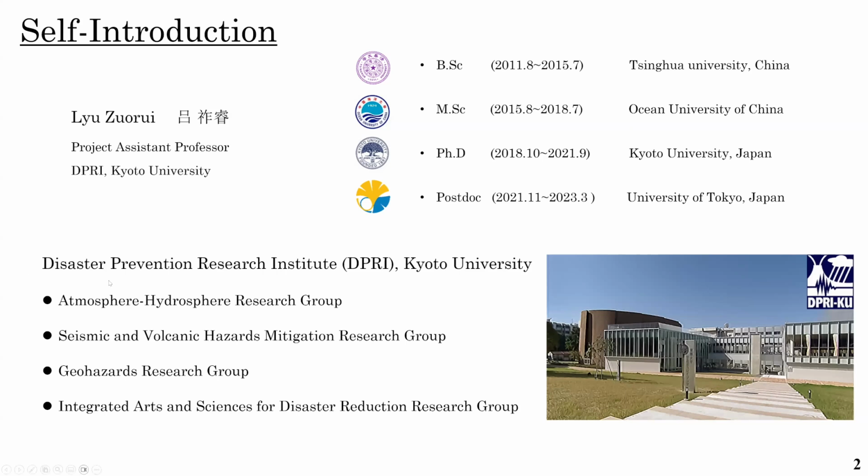Now I'm working at the Disaster Prevention Research Institute in Kyoto University, and we have many different groups covering most of civil engineering disaster research, such as the atmosphere group, and we also have earthquake, tsunami, volcano, geohazard, and hazard economics. If you have a chance, you are welcome to visit Kyoto. Kyoto is a very nice city. Anyway, let's start today's talk.